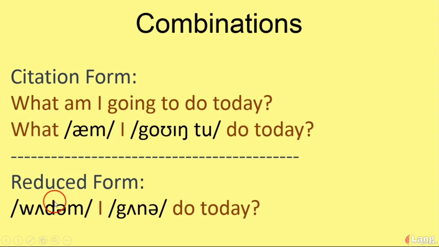What am becomes whatam, and going to becomes gonna, and together in the same sentence we say, what am I gonna do today? So let's practice. Repeat after me. What am I gonna do today? And faster. What am I gonna do today?